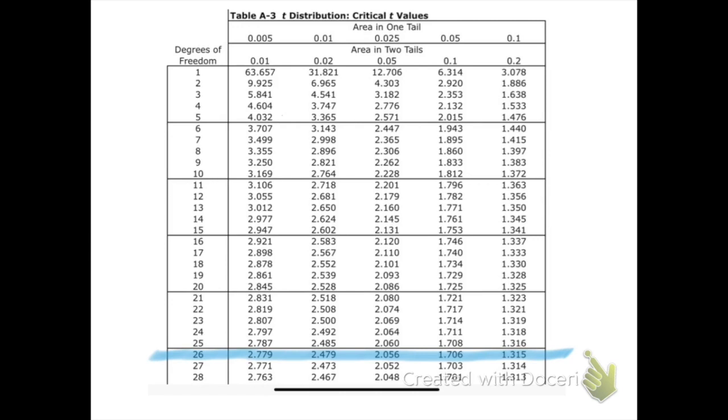The next number that we need is our confidence level. And so we go to the 95% confidence level, which is the one in the center. Remember, 95% confidence means that the area in either tail would be 2.5%. And that is why we are using this column that has the area in one tail at 2.5%, or if you want to think about the area in 2 tails being 5%.